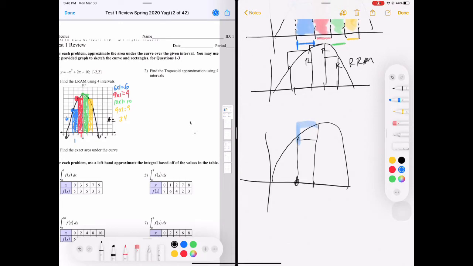We're always going to have a little excess. A little excess on top, a little excess on bottom. So if I just draw this out, if it was a left-hand approximation, we'd be a little over. Right hand would be a little over, a little bit under for left hand and a little over for right. And just to show you this, a little over, right? A little overage, a little under.